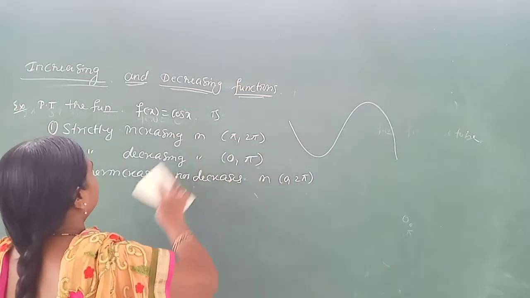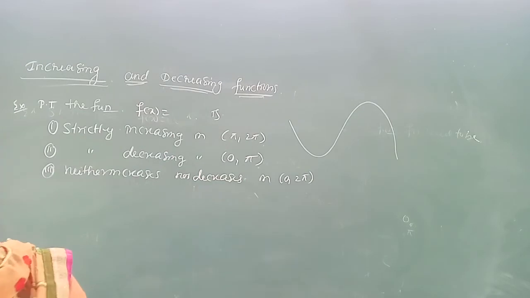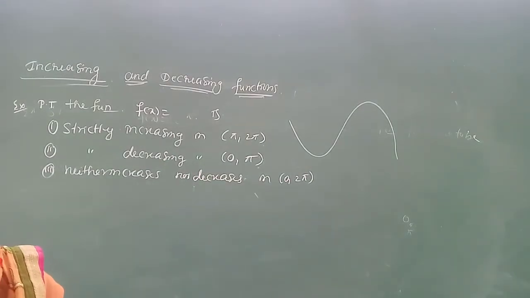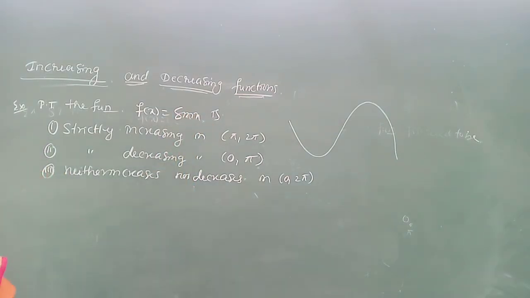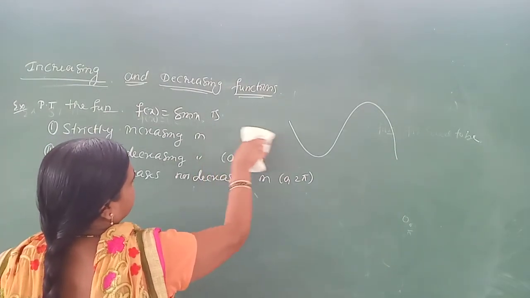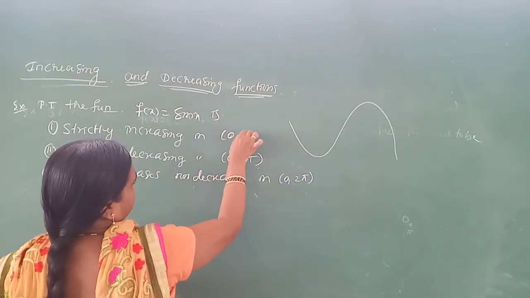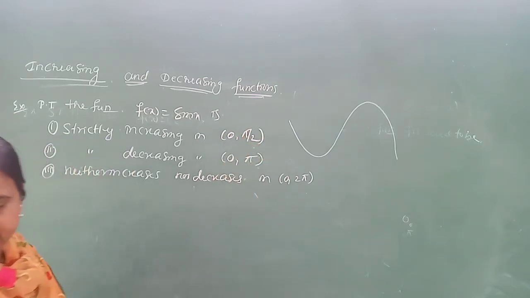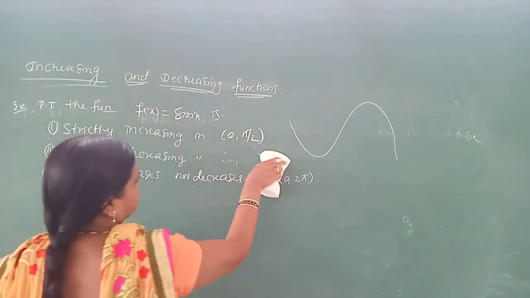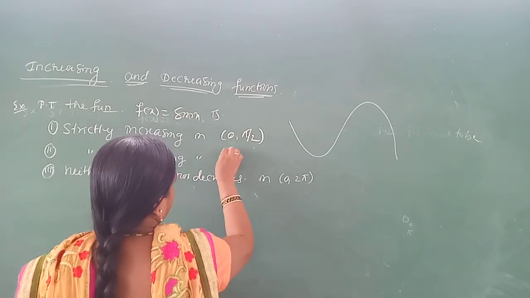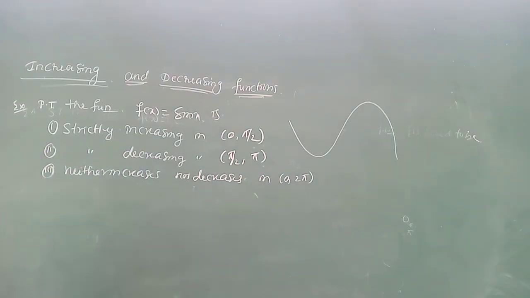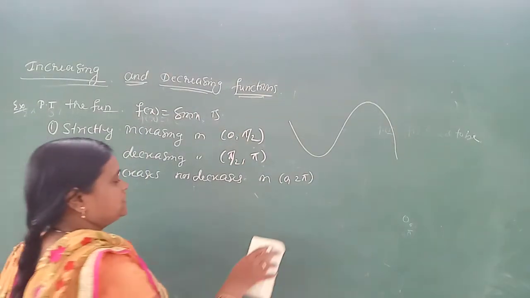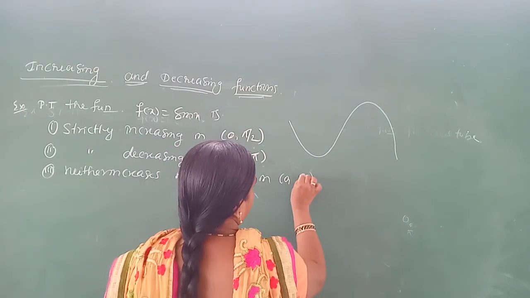And next example is given: f of x is equal to sin x. f of x is equal to sin x is strictly increasing in 0 to pi by 2, strictly decreasing in pi by 2 to pi, and neither increases nor decreases in 0 to pi.